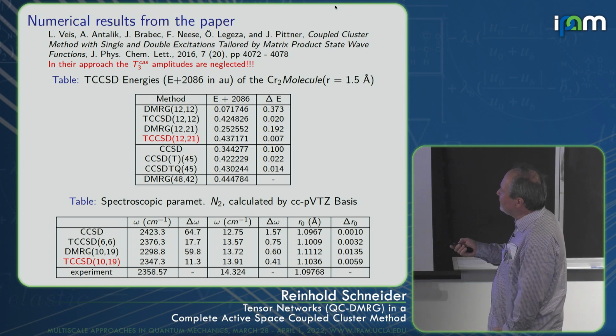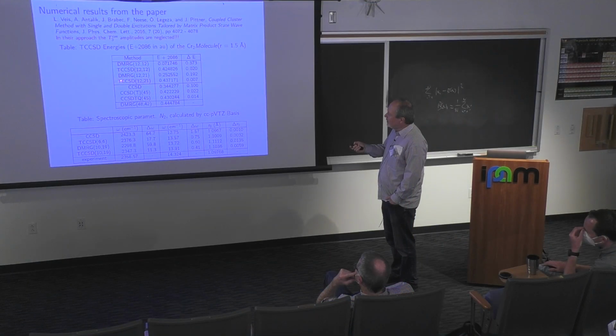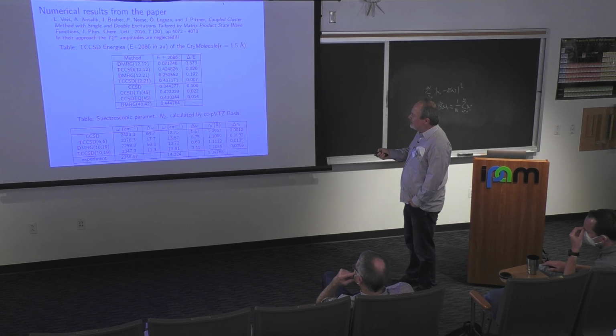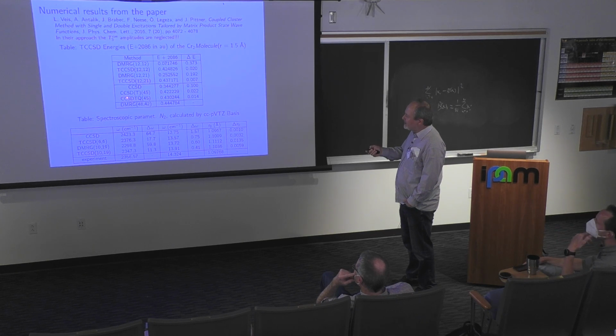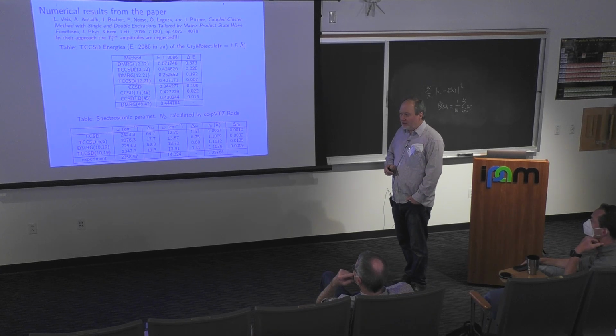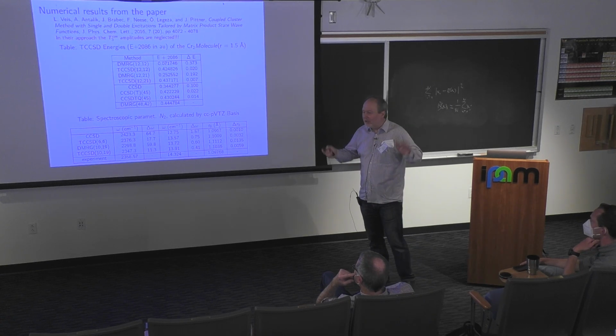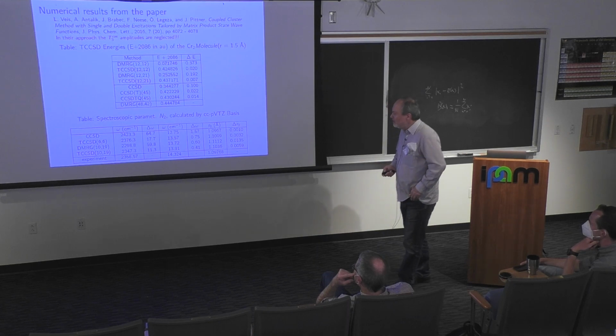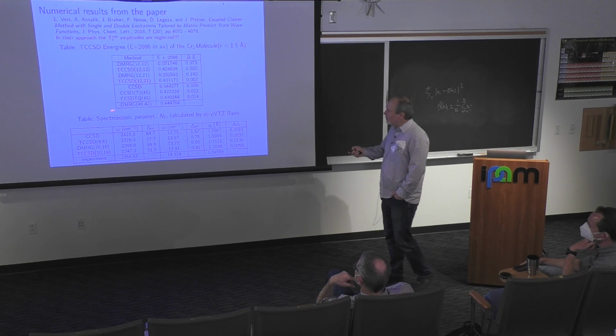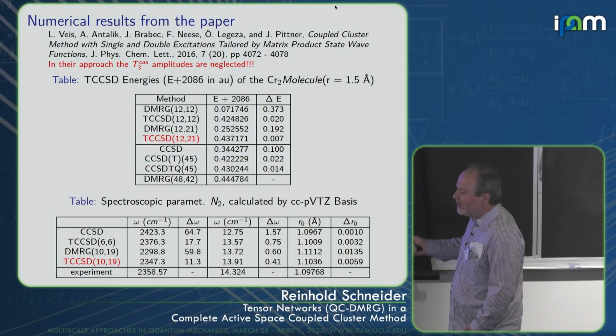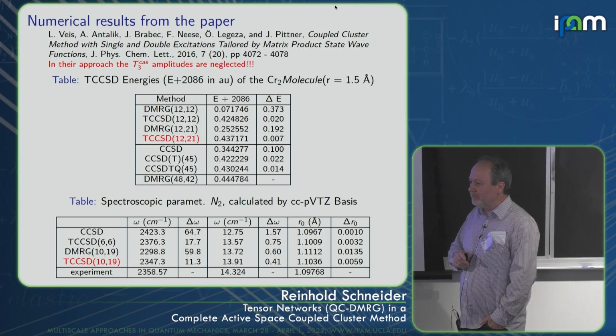It turns out that this type of ansatz, they call it the tailored coupled cluster ansatz, has almost the accuracy of coupled cluster singles, doubles, triples, quadruples. It was extremely accurate, and even much more accurate than what they can do with DMRG alone.